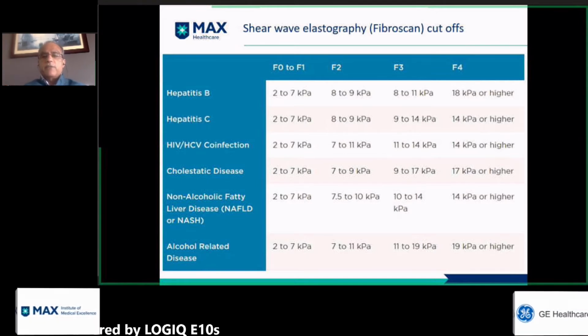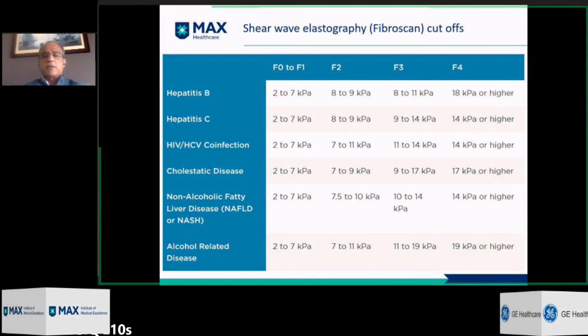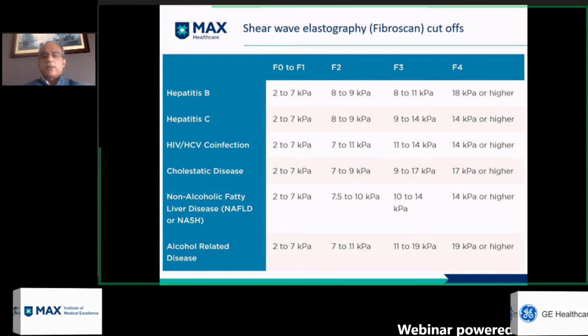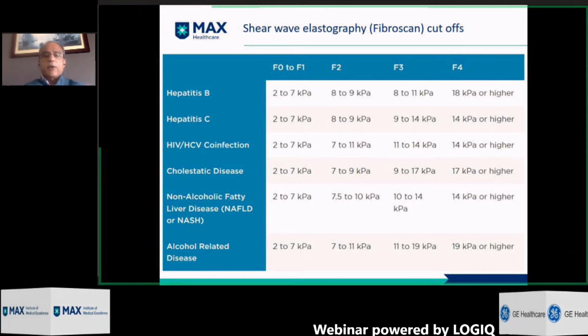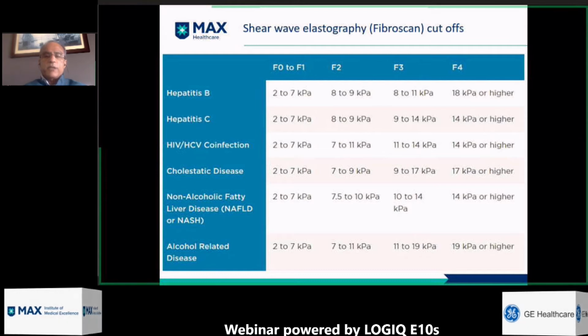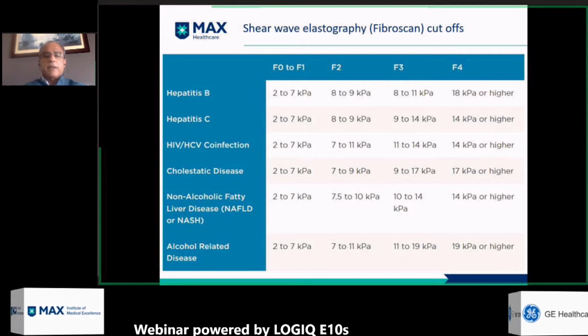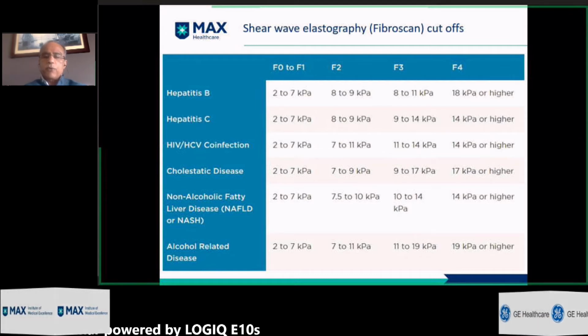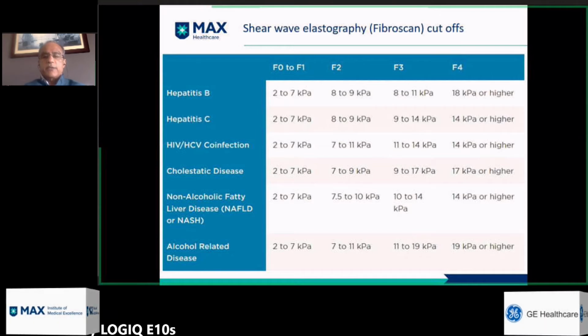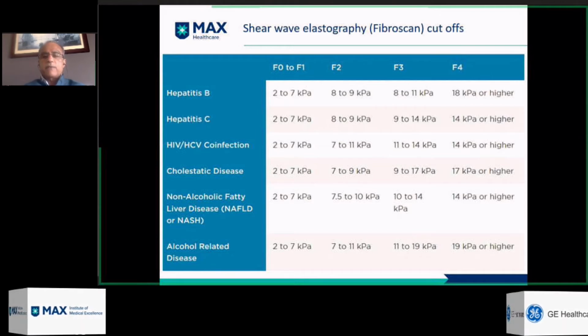Now this varies from disease to disease. So in hepatitis B, typically advanced fibrosis, so F3, is 8 to 11, while F4 is 18 or above. Hepatitis C, 14 or above is cirrhosis. Hepatitis HIV co-infection, again 14. In cholestatic disease, 17, and non-alcoholic fatty liver disease, 14.